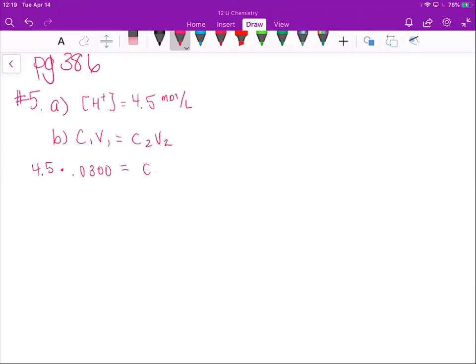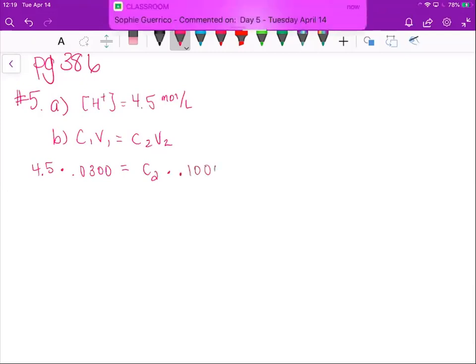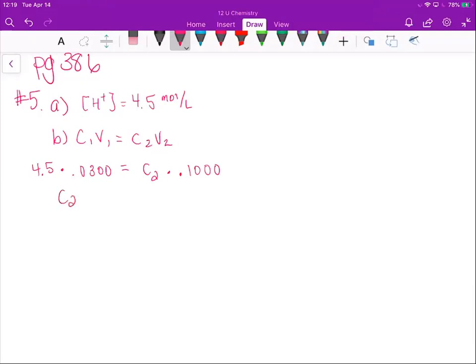You're trying to find concentration 2, and you diluted it to 100 milliliters. Okay, so it's not additive. You just are filling up the beaker or whatever vessel to the 100 milliliter mark. So you should get a concentration. Once you do this, it's going to drop from 4.5 to 1.35 molar.